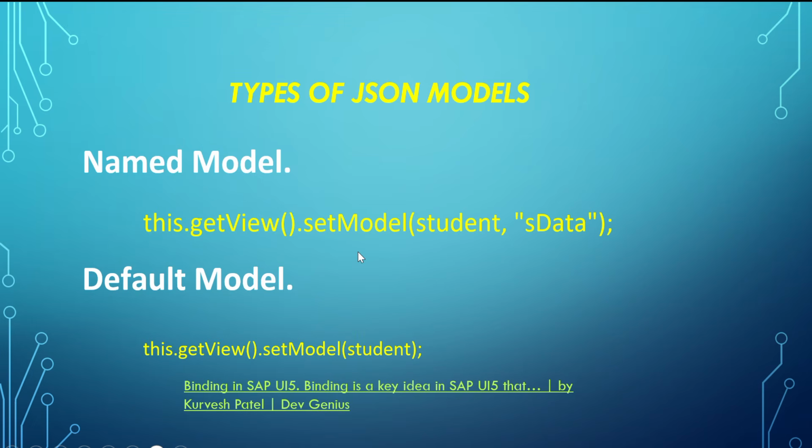Or if you want to use a proper naming convention and give some name to that model, we maintain it like this. For example, this model name is oData. Further, if you want to bind this, how to bind it? oData is the model name, then slash, then whatever items we have, we bind those.